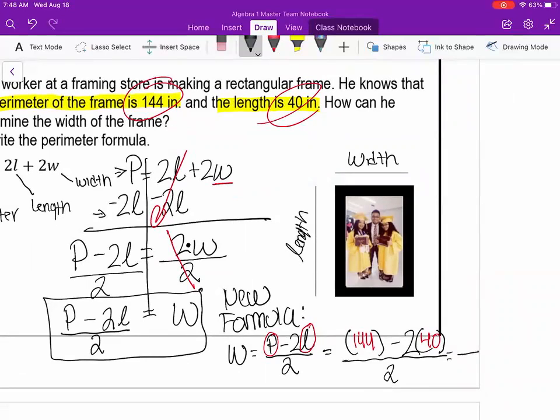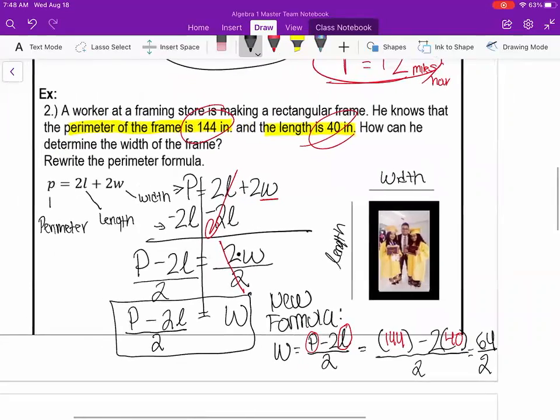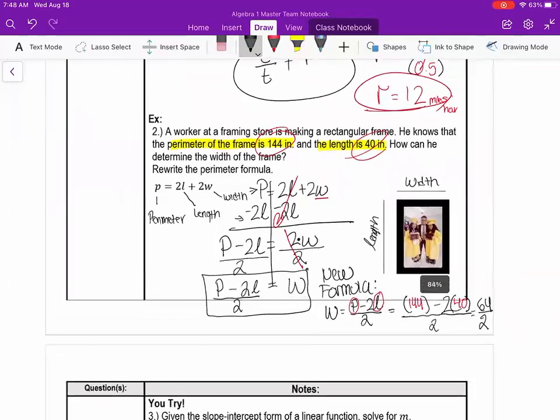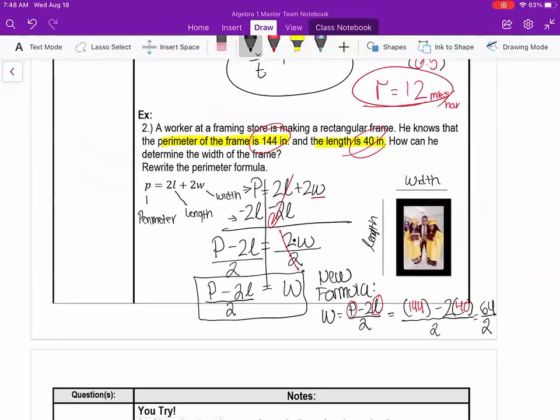So on the top, I get 64. And then the bottom is just 2. So 64 divided by 2, that gets me 32. So W equals 32 inches.